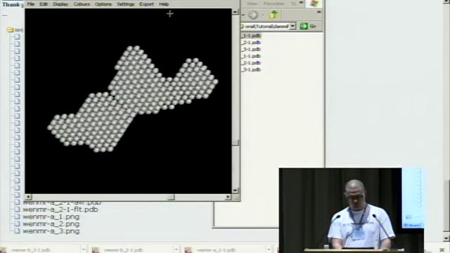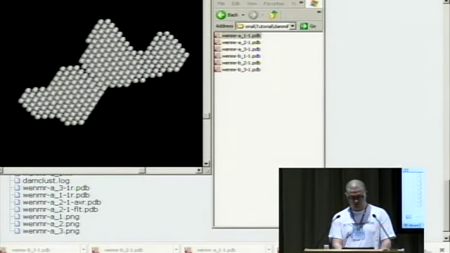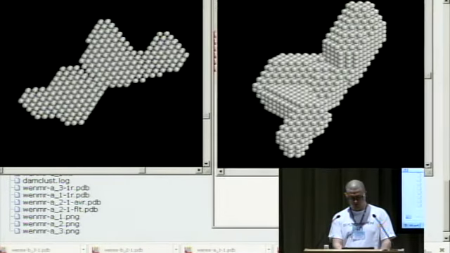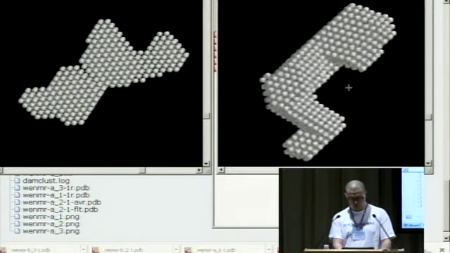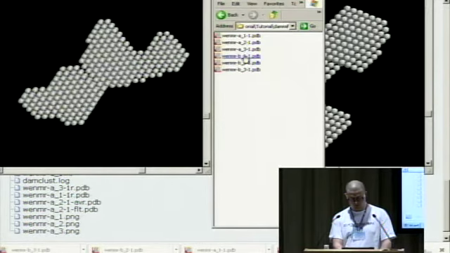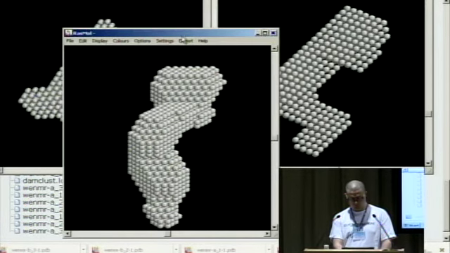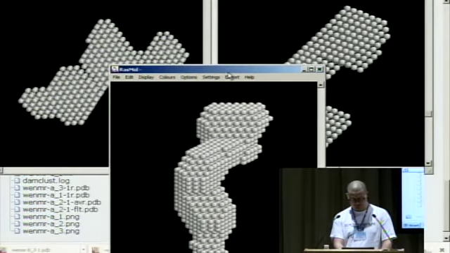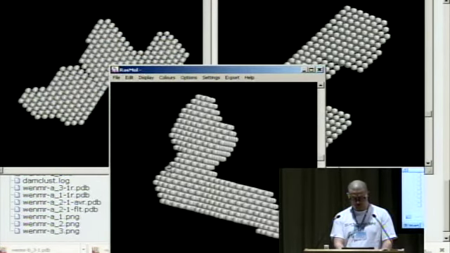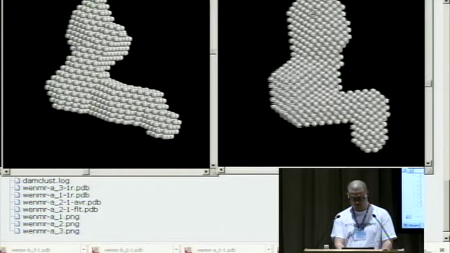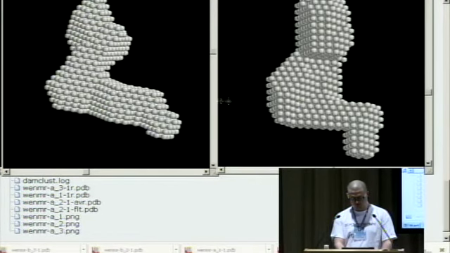So this is our first model. That's the second model. And that's the third model. So, as you can see, these 2 models are very similar.